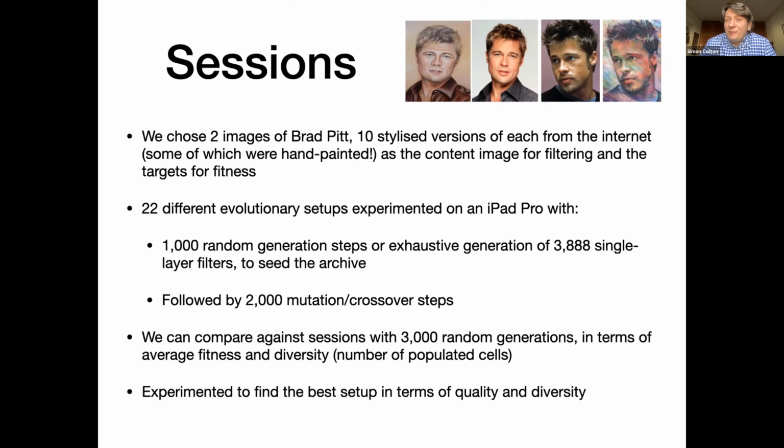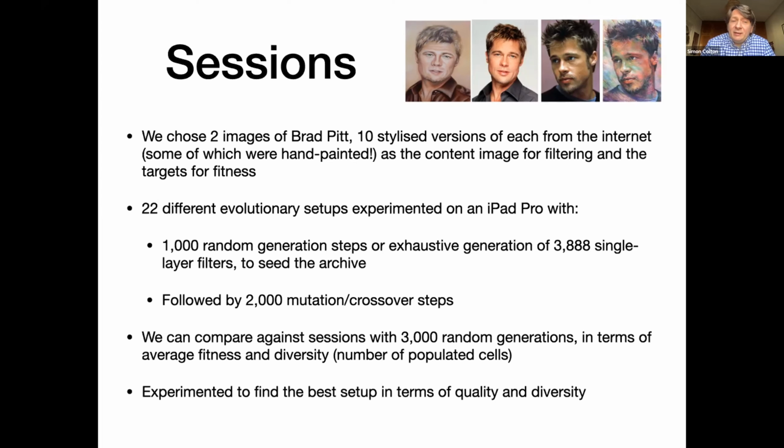They take roughly the same amount of time because 1,000 random filters have more than 1 layer, up to, sorry, up to 5 layers. And the 3,888 only have 1 layer, so there's only 1 image filter being applied there. So actually you get more for your money by seeding the archive in an exhaustive way.